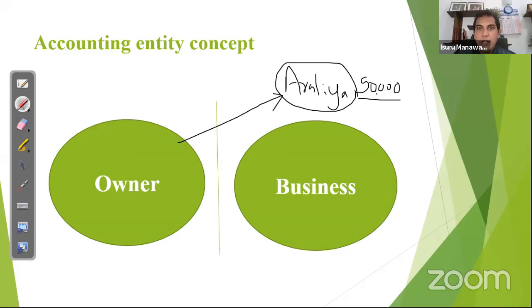So now I already told you the name of the business is Aralia. The owner is Isuru Manavadu. Now we are running a manufacturing entity. So what is the business? What we are producing, we need to decide that as well. Let's say bakery products. For instance, buns, right?